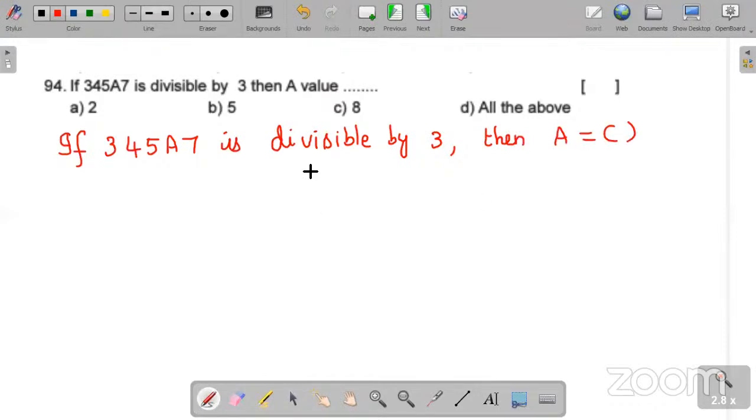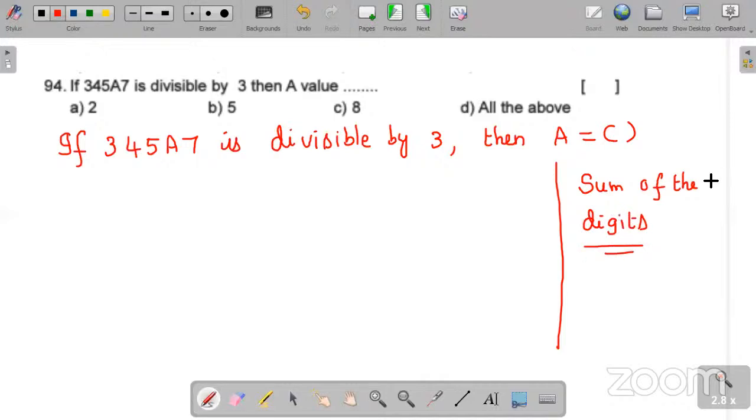So for example, what is the divisibility rule for 3? That means the sum of the digits we need to find out. If the sum of the digits is divisible by 3, then the number is divisible by 3. So let us add the numbers. 3 plus 4 plus 5 plus a plus 7 should be divisible by 3.